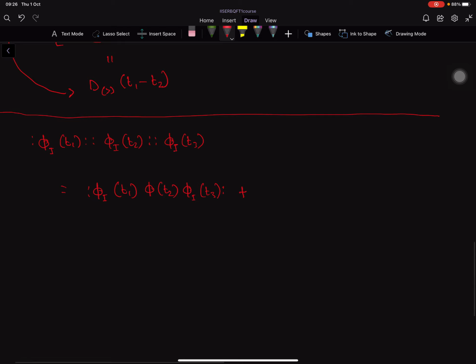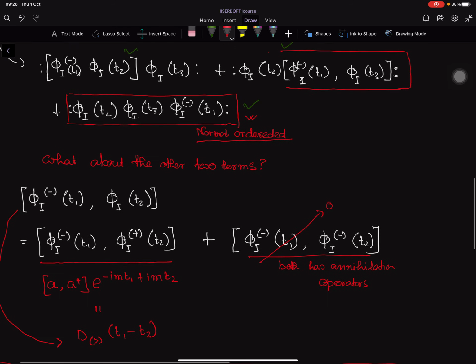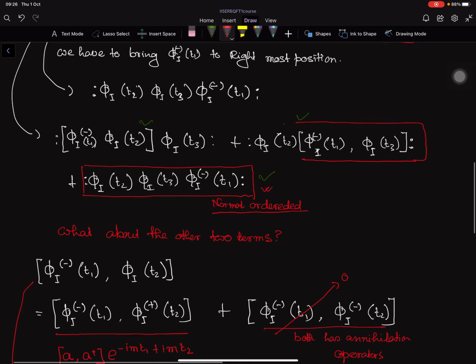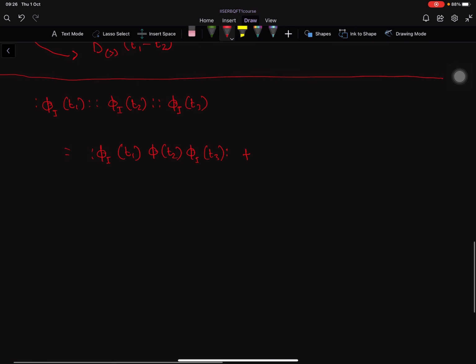Plus, if I put it here, there will be a propagator. One term has the Feynman propagator between 1 and 2, and then phi I t3.